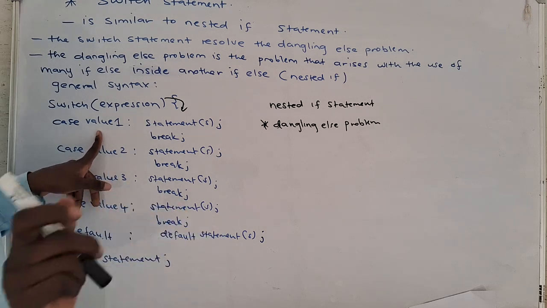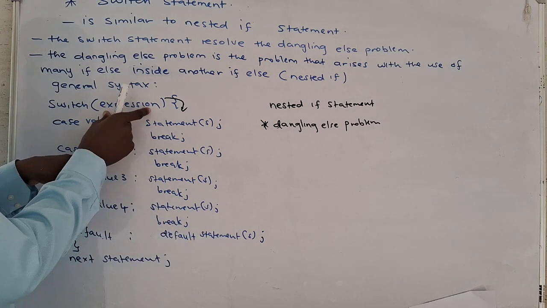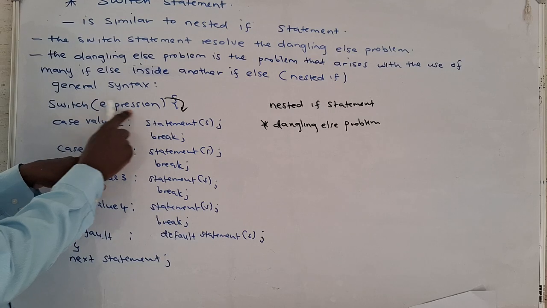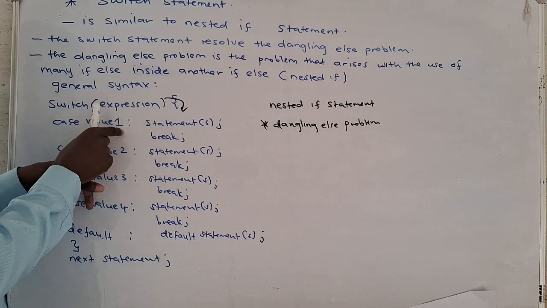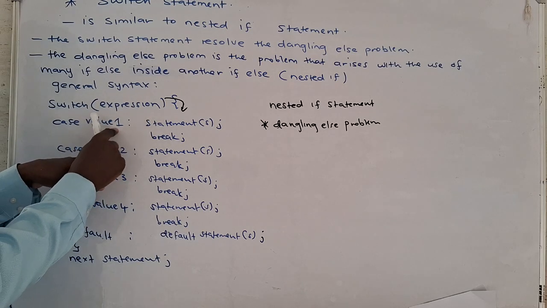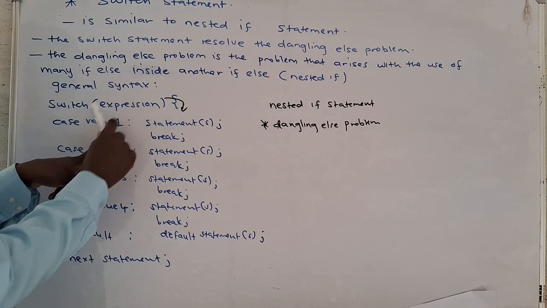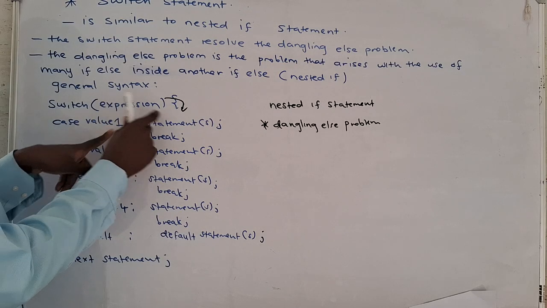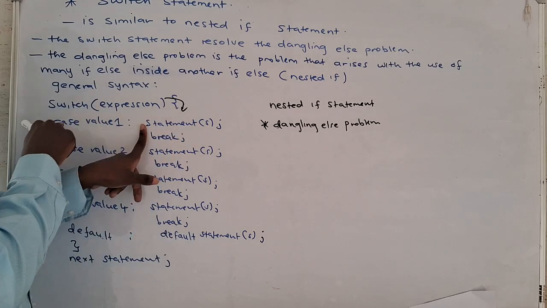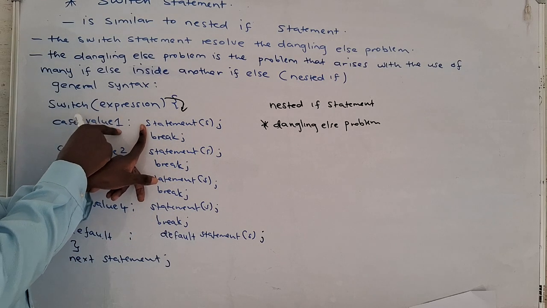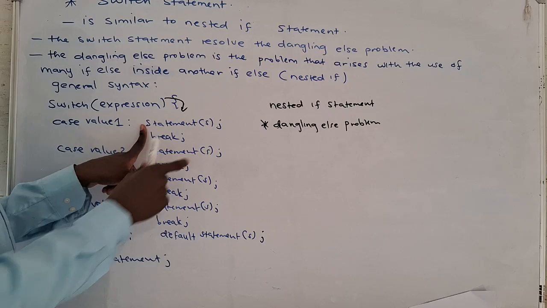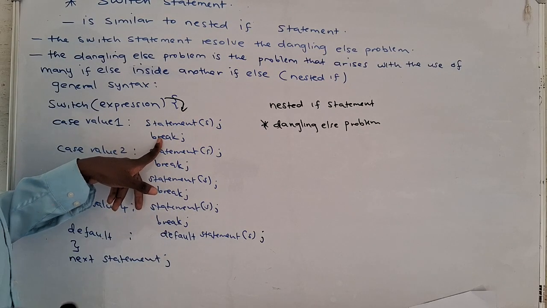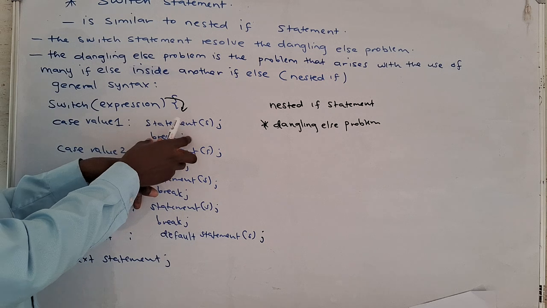The compiler is going to compare the expression value with case value 1. Suppose the expression value and case value 1 are matching. If they are matching, it means the statements under case value 1 are going to be executed. So these statements will come. But this break statement is not there. What is the purpose of this break statement?